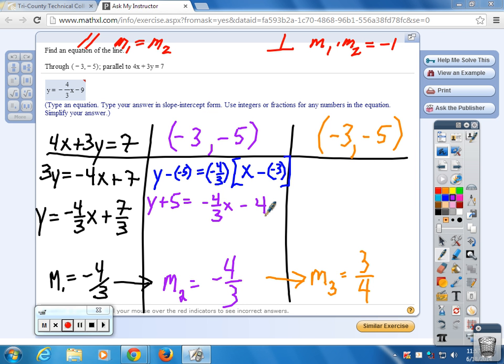What's a negative times a negative? Positive. And what's +3 times -4/3? Negative. -4. The 3's cancel, because that's 3/1.